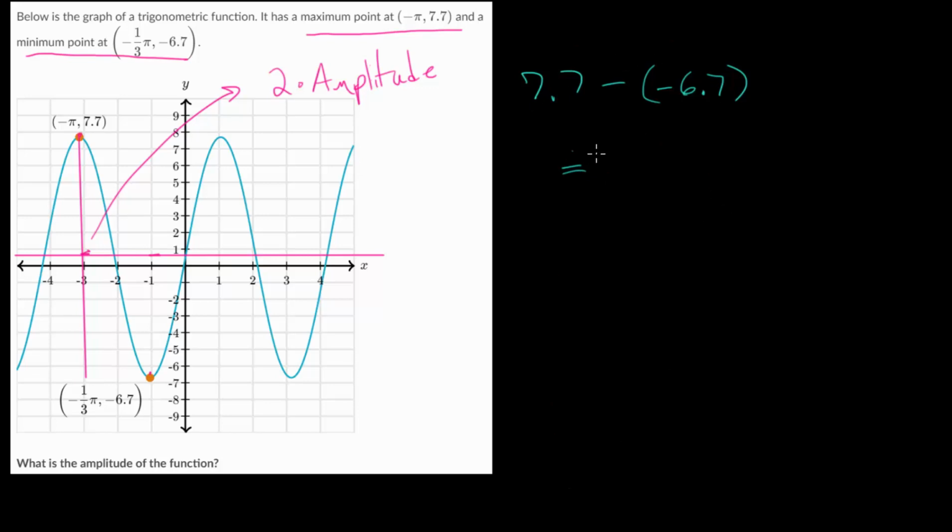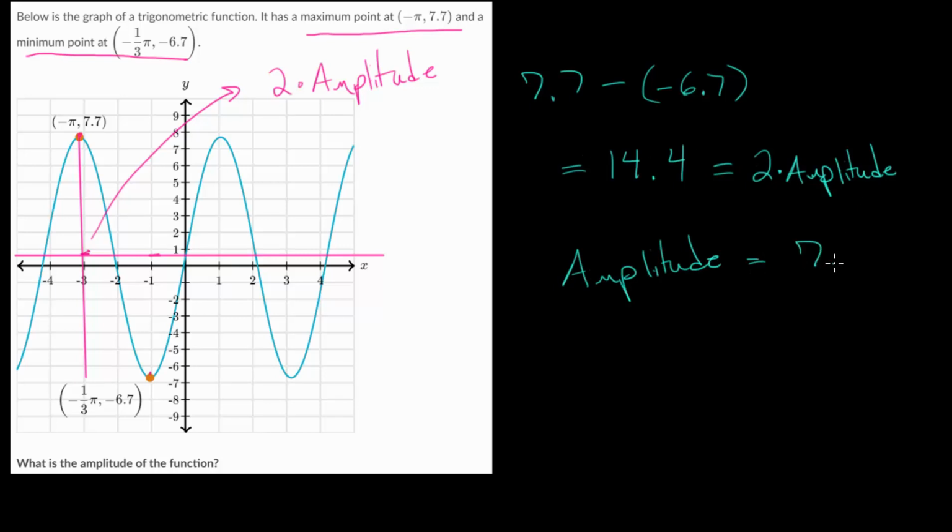And we find that this would just be 14.4. And we just need to remember that this is twice the amplitude. So to actually find the amplitude, we just divide everything by 2, meaning that in our case, the amplitude of this sinusoidal function would be 7.2 units.